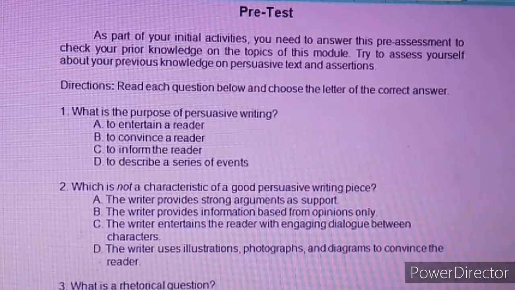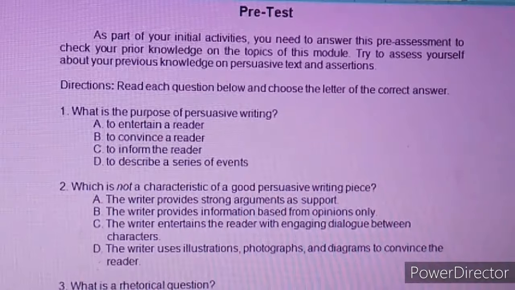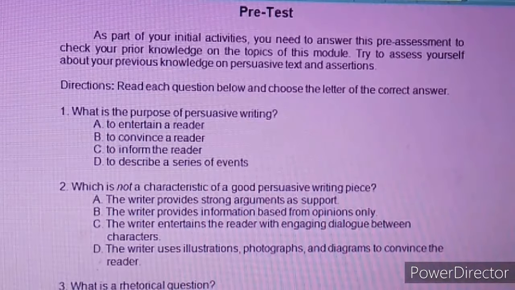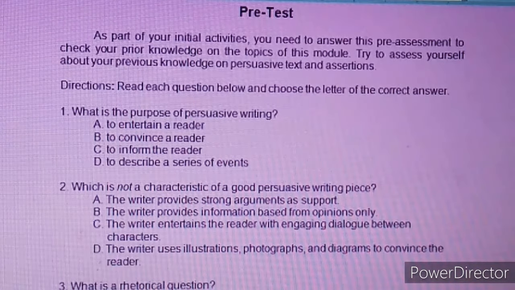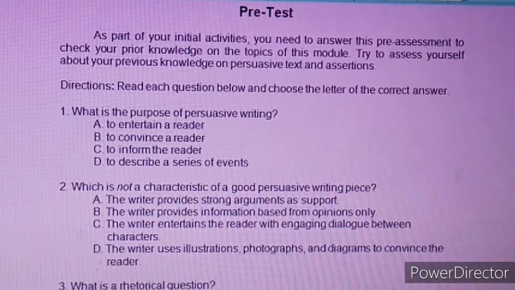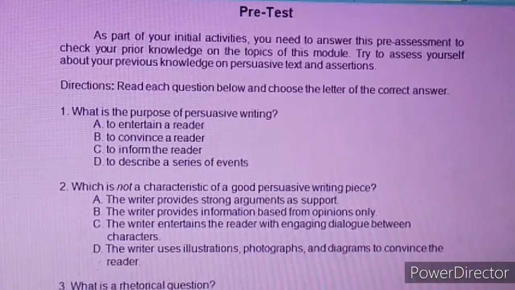Or D. The writer uses illustrations, photographs, and diagrams to convince the reader. What do you think is the correct answer for number 2? The correct answer for number 2 is B. The writer provides information based from opinions only. Now let's move on to number 3.